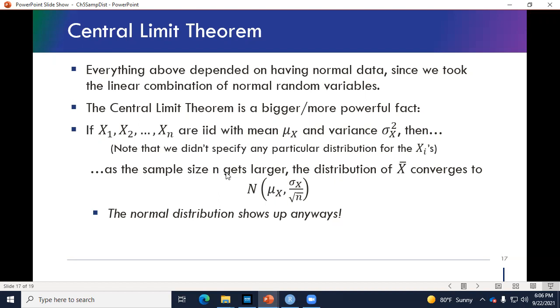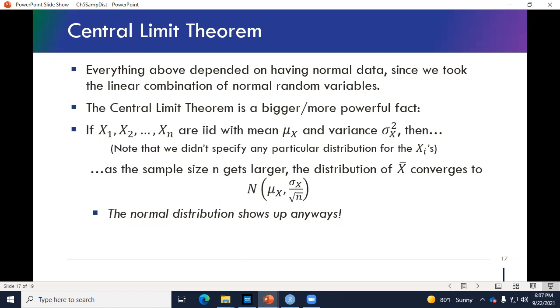Then as the sample size n gets larger, the distribution of x bar converges to a normal distribution, with mean mu x and standard deviation sigma x divided by square root of n. So this formula is the same. The only difference is that we didn't say x follows a normal distribution, but the sample size needs to be large so that we can have this result.